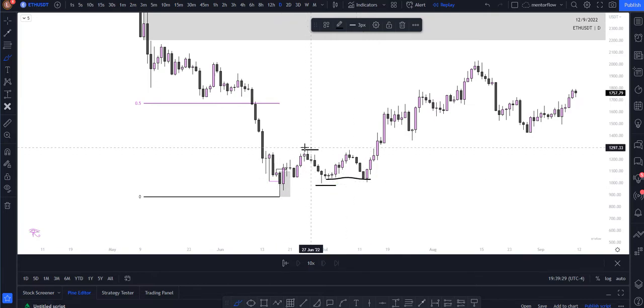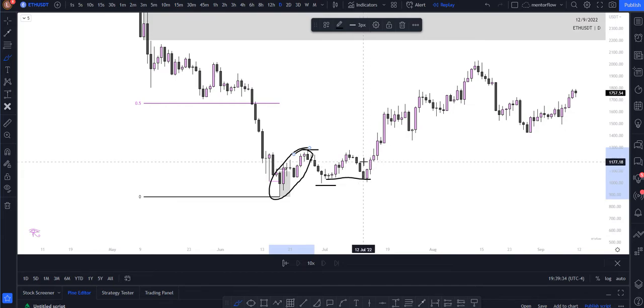That same impulsive move that I was looking for right here was shown to me right here from the higher time frames to the lower time frames, daily to 4 hour chart. The same impulsive move that was shown to me right here that broke structure to the upside from a high that caused a new low after liquidating longs.